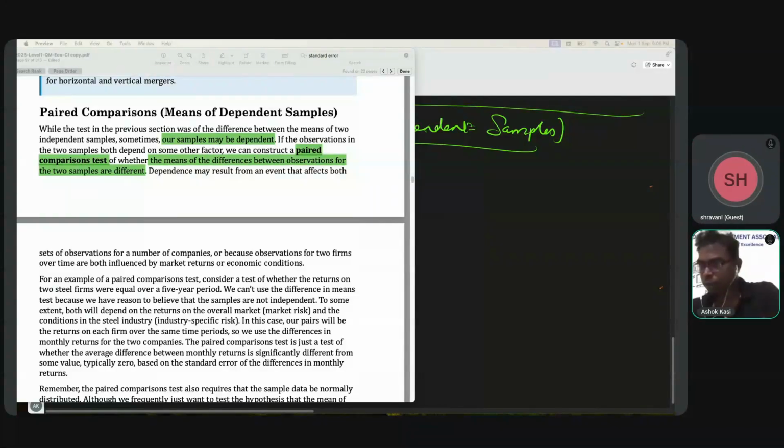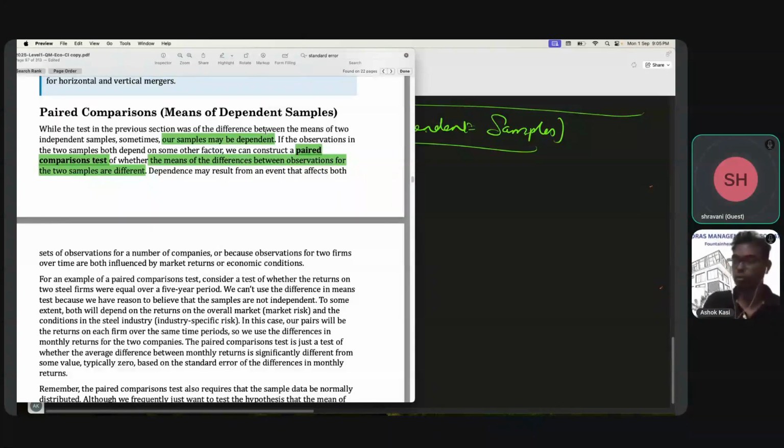So paired comparison means what? In this case, samples are dependent. Dependent means what? Let's take the example of HDFC Bank and ICICI Bank. They both will have the same sources, right? Like interest rates. Based on the interest rate only, they both are moving. So these are all dependent samples.